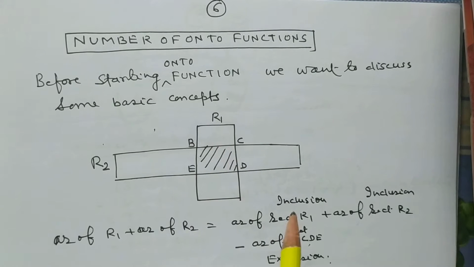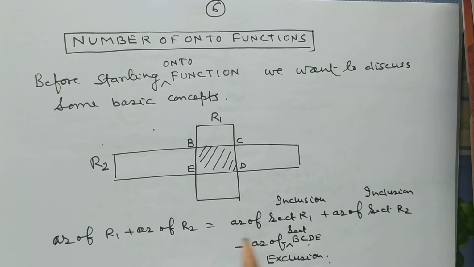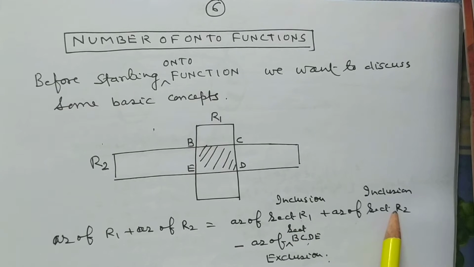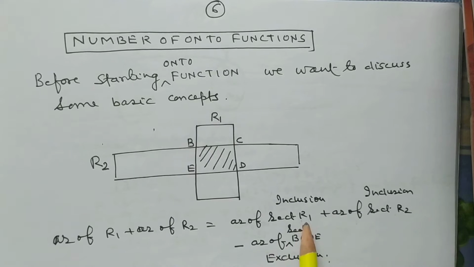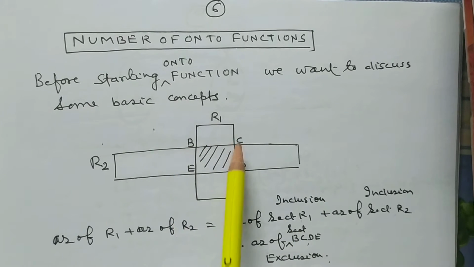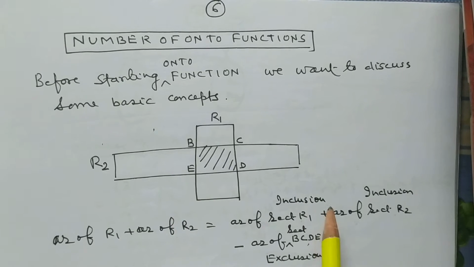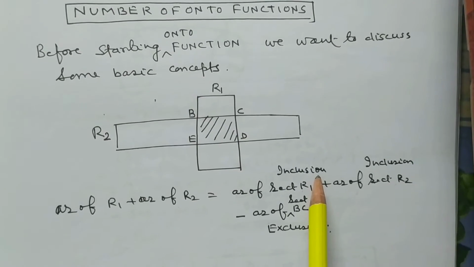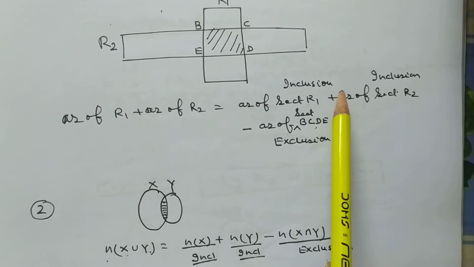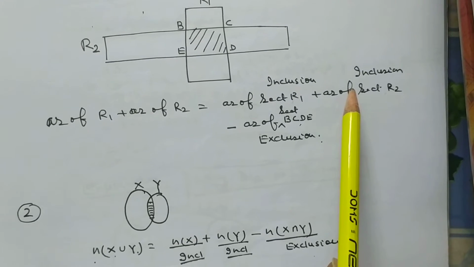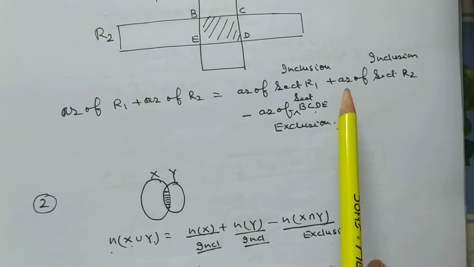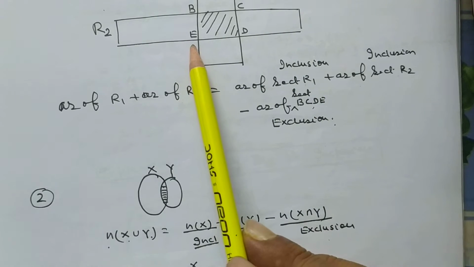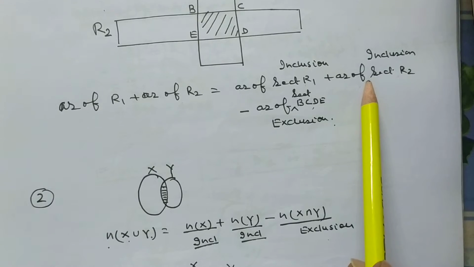Area of R1 plus area of R2 can be written as area of R1 plus area of R2 minus area of rectangle BCD. This is very, very important. It is also the application of the inclusion and exclusion principle. Inclusion: area of rectangle R1, area of rectangle R2.